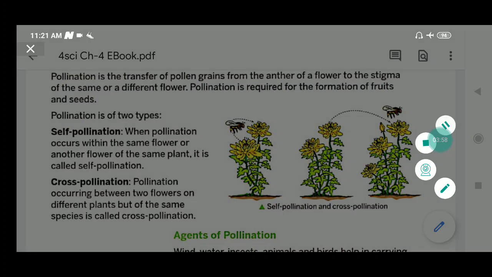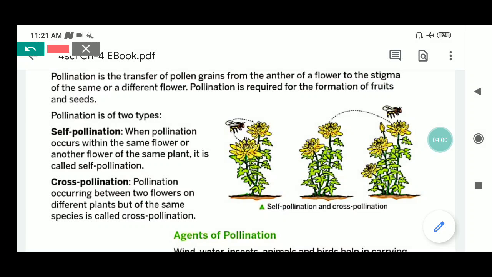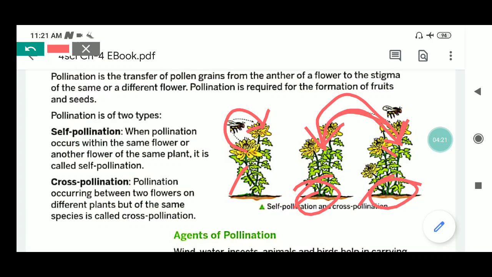Here we are saying that from one flower to another flower on the same plant, this is self-pollination. And from one flower to another flower of different plants, here only one plant is there, here two different plants are present. So the pollination occurs from this plant to this plant or from this plant to this plant.